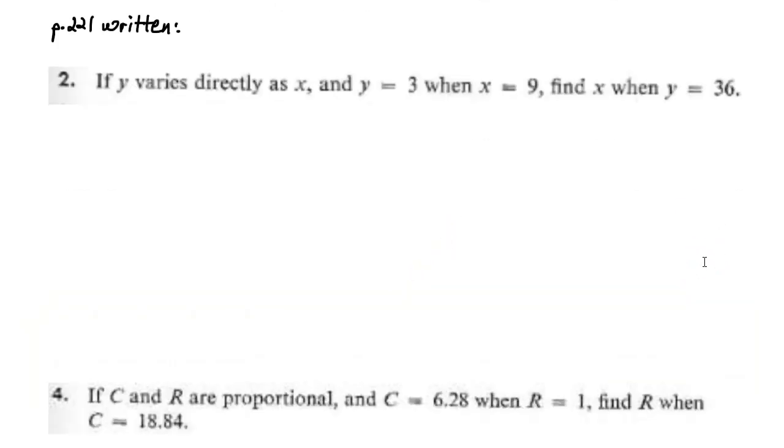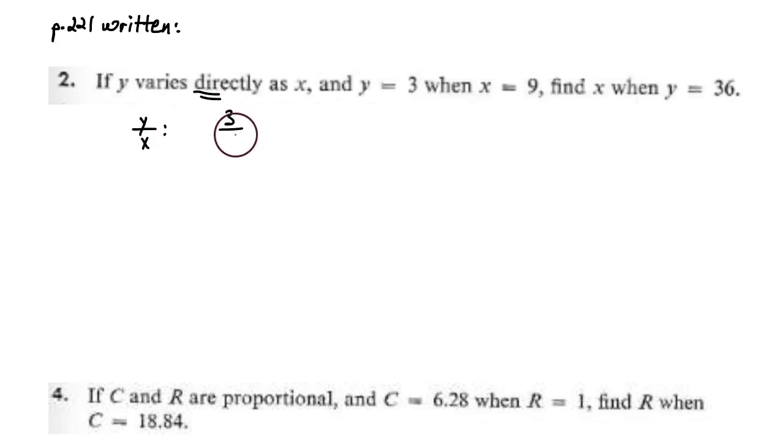Next, page 221 written. We have some story problems. They're just much shorter than the problems we just were discussing. We're told that y varies directly as x, and we're given values of x and y, and then asked to find x when y is 36. So we can create a proportion. When I make the proportion, I'm choosing to put y on top and x on the bottom, but I could do this the other way.